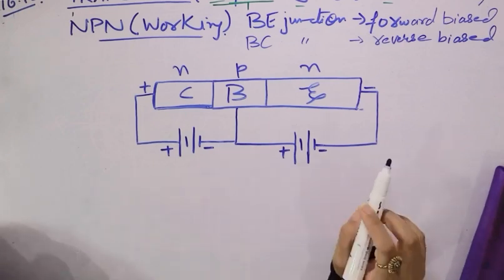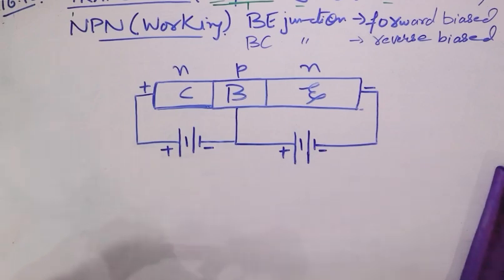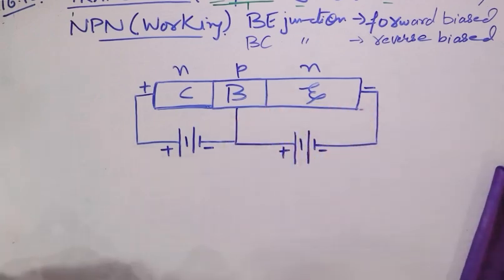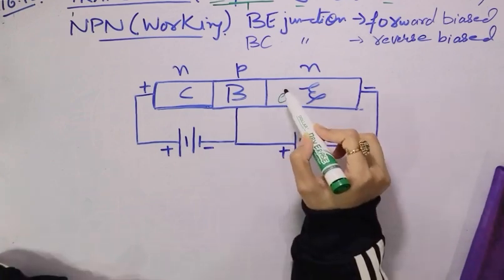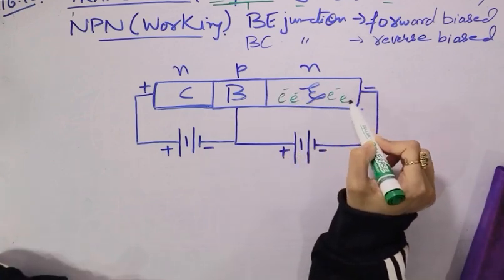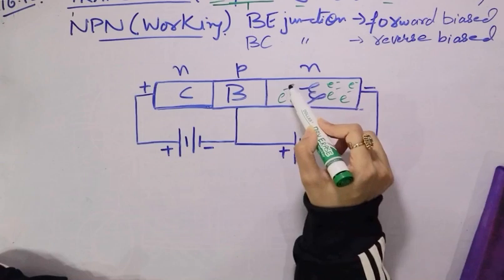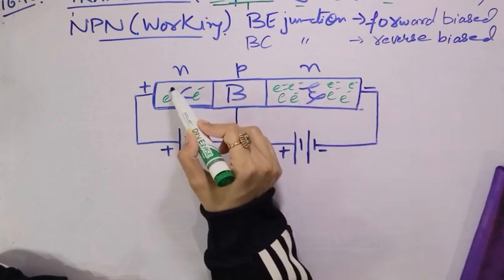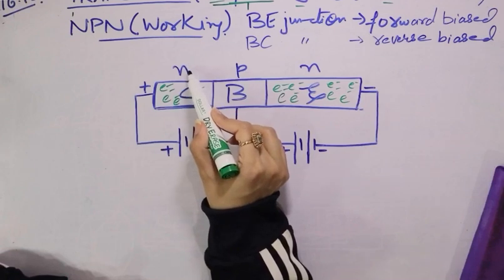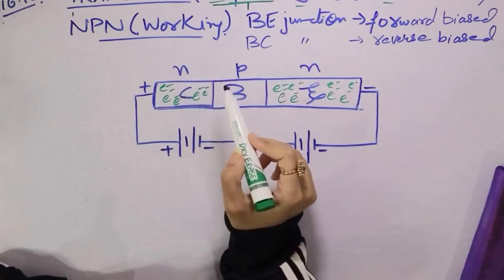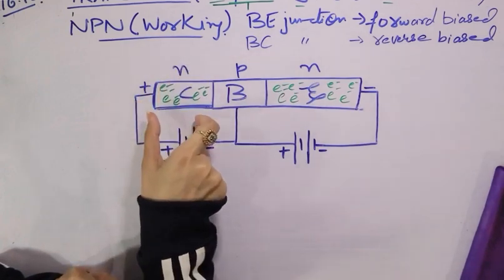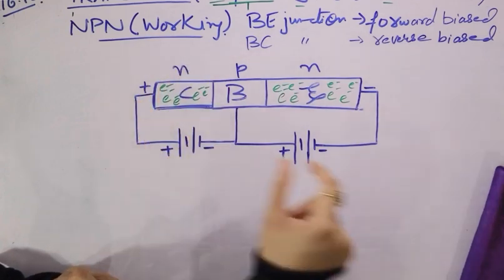Now, since the emitter is the widest layer and it is heavily doped, as we discussed earlier, that means the number of electrons, the charge carriers, is very high. In the collector also, obviously electrons are the majority carriers because in N type the majority carriers are electrons, but fewer than the emitter because this is the moderately doped layer.